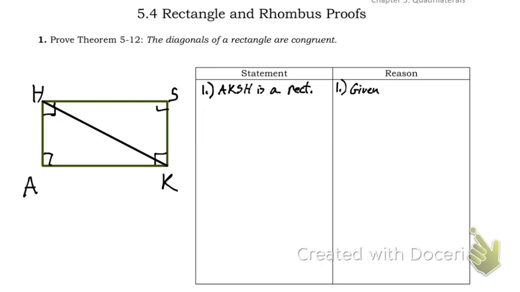Can you see that triangle? If I draw the other one, it makes a triangle like this. If somehow I can prove that this triangle is congruent to this triangle, then by CPCTC, this diagonal would be congruent to that diagonal, and you'd be done.